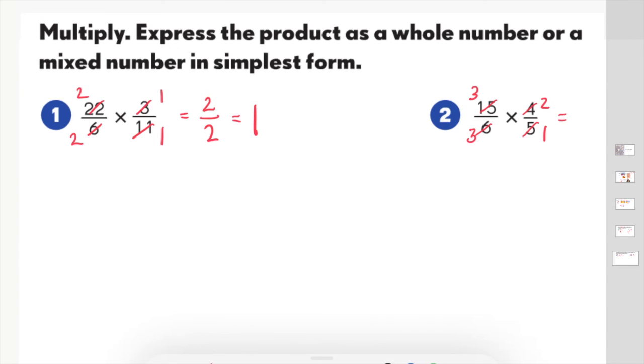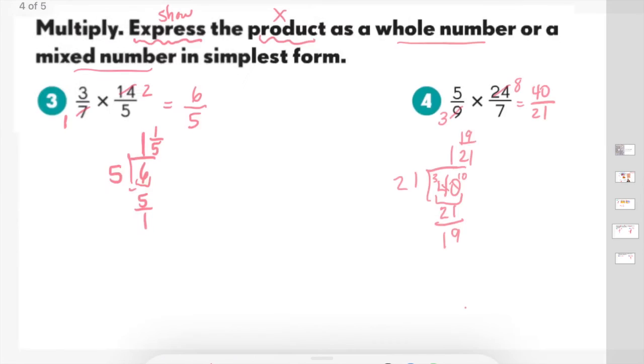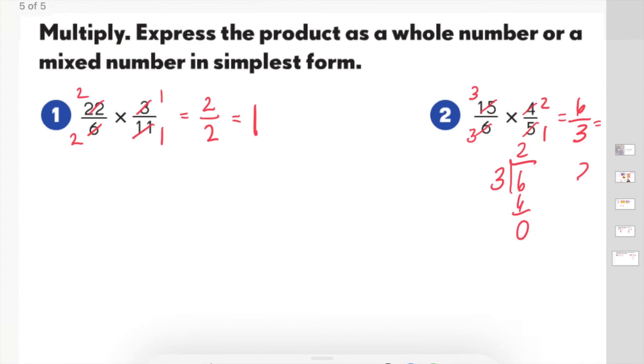And so 3 times 2 is 6, and 3 times 1 is 3. We get 6/3, which is a fraction greater than 1. So 6 divided by 3, 3 goes into 6 twice with nothing left over. So it is equal to the whole number 2.